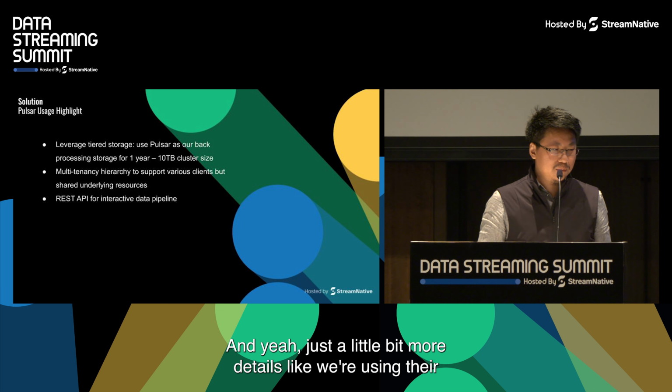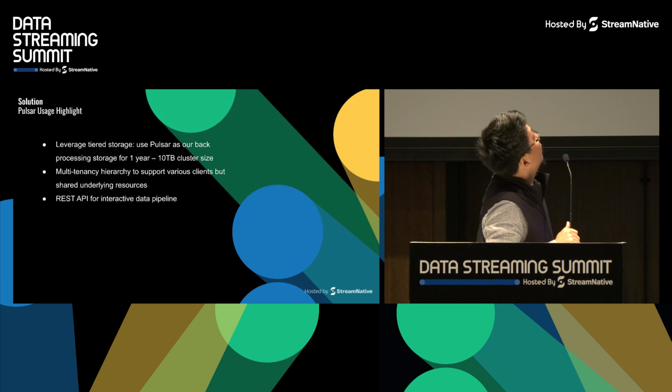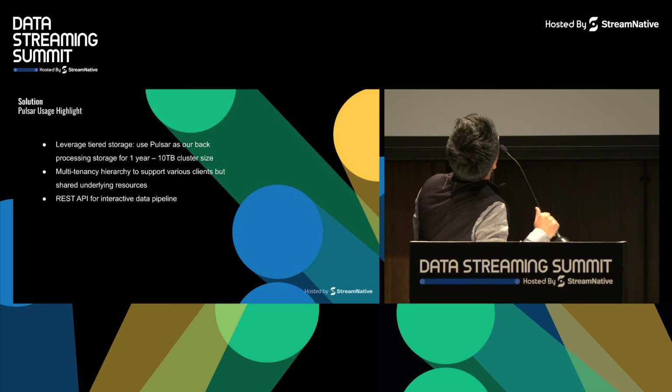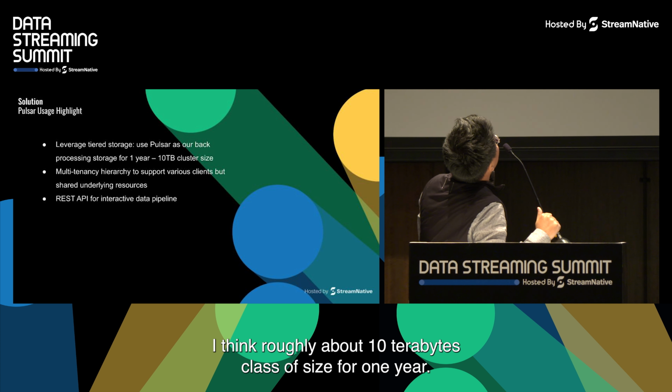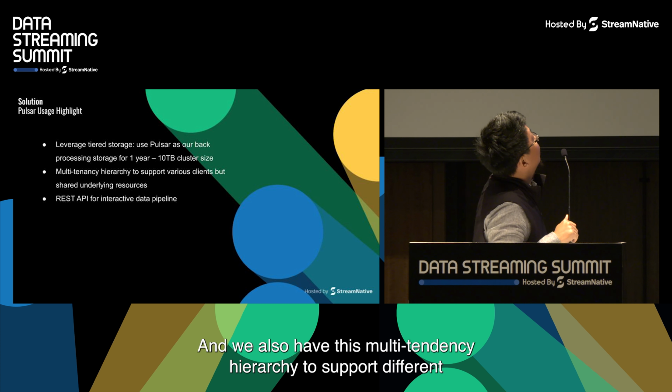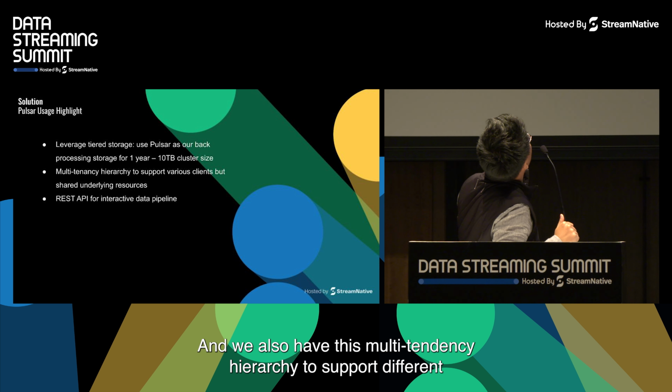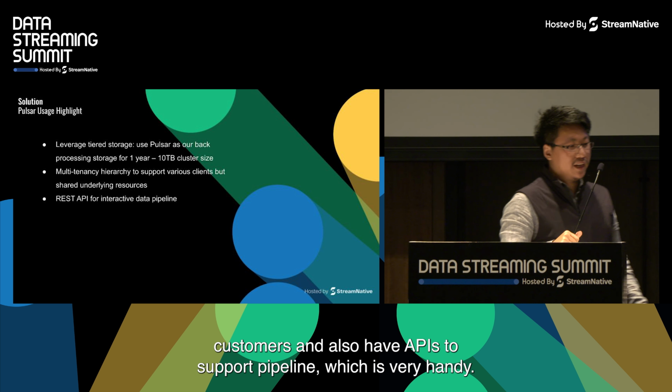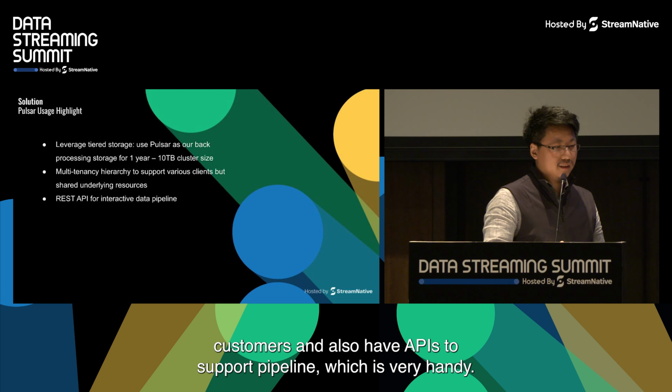A little bit more detail: we're using their tiered storage, roughly a 10 terabyte cluster size for one year. We also have the multi-tenancy hierarchy to support different customers, and APIs to support the pipeline, which is very handy.